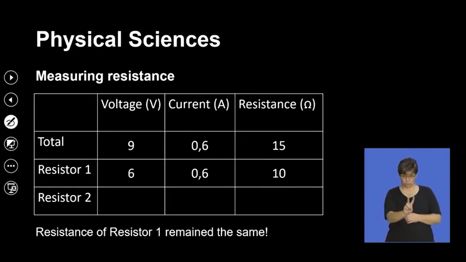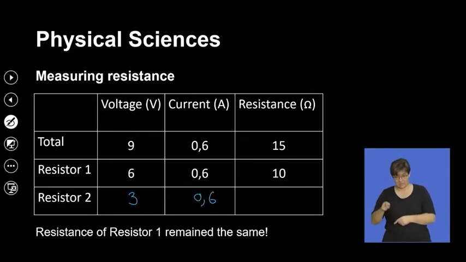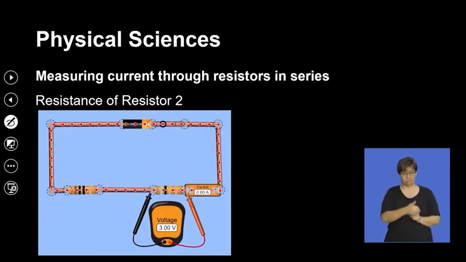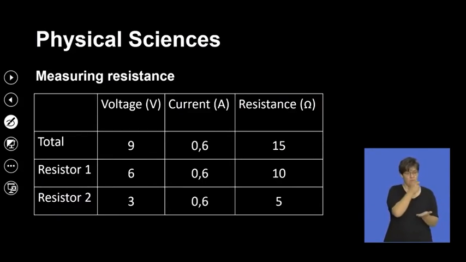Now, for R2, we also realized that this is 3, which gives us the total of 9. The same amount of current passes through each one of them, including the battery. And then this was half the resistance of R1. That's the main idea, right? So we've confirmed these results.